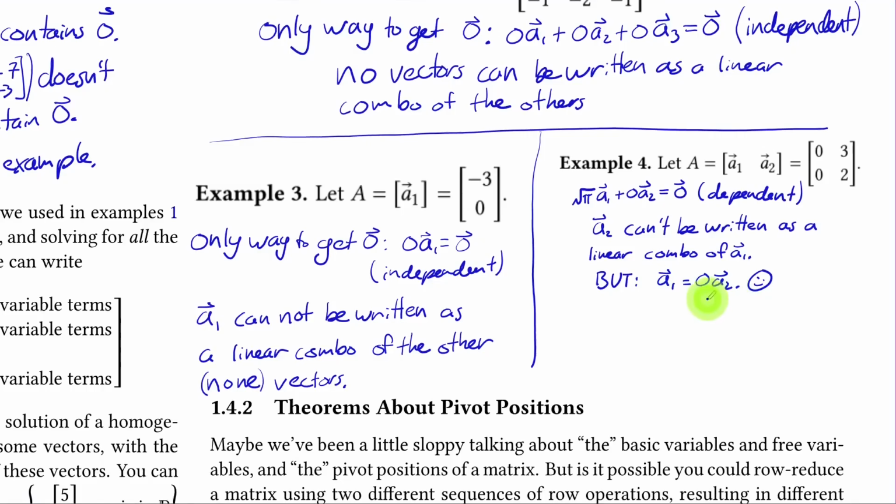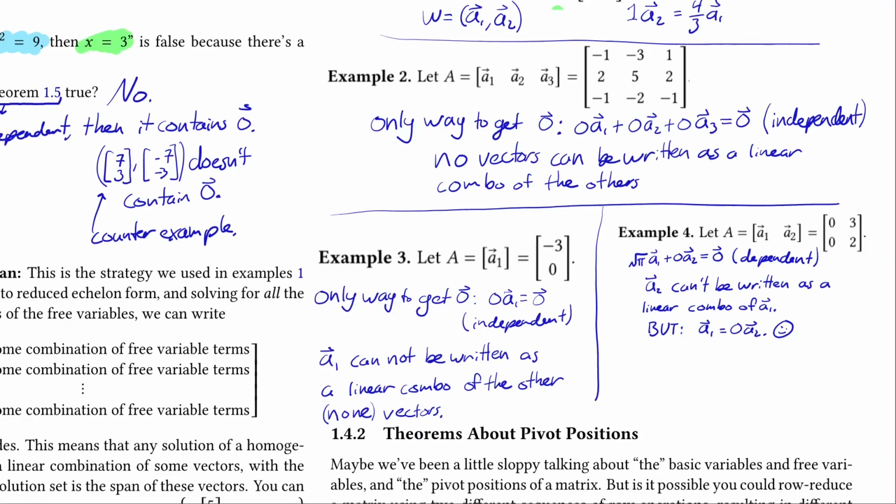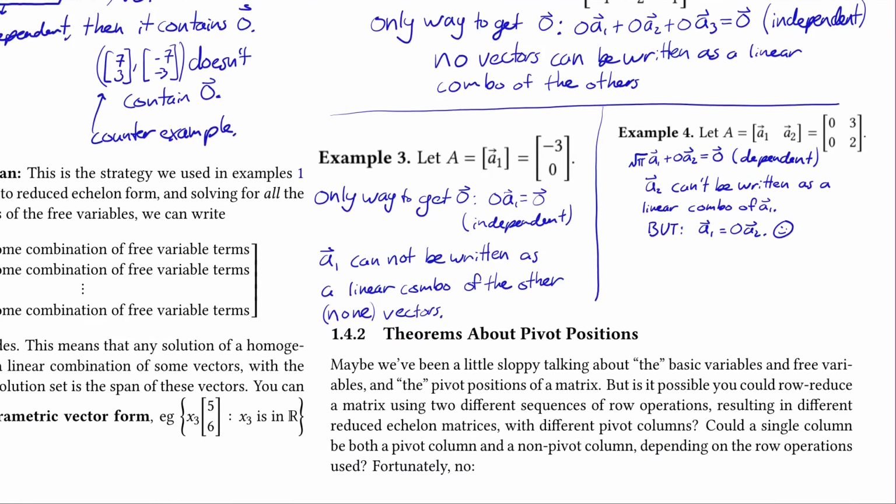So a2 is not a preceding vector of a1, but the second part of the theorem doesn't apply here because when the first vector is 0, that part doesn't work. But at least one of the vectors is in the span of the other one. a1 is in the span of a2. So that's that example. All right, that was a quick video just talking a little bit more detail about that.